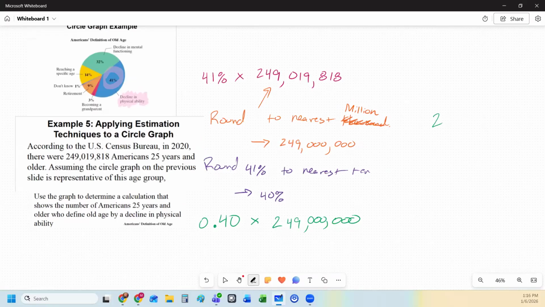I'm just going to take this 249 and multiply it by 0.4. 9 times 4 is 36. 4 times 4 is 16, plus 3 more, 19. 4 times 2 is 8, plus 1 more is 9. There's one decimal here, so it's 99.6 million people, or 99,600,000.